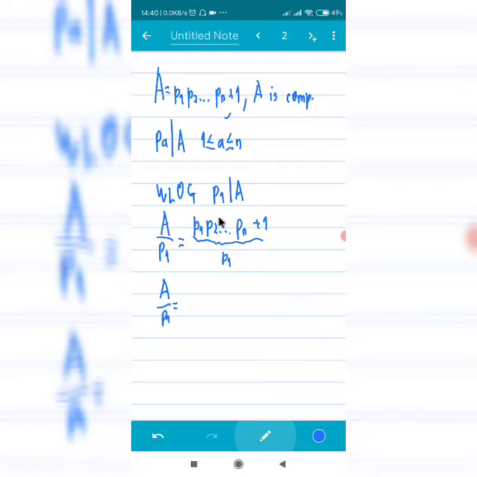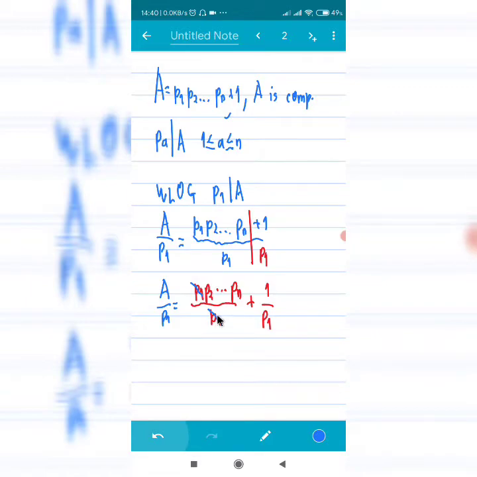What I'm going to do in this step is separate the fraction into two parts: the product of all the primes over the first prime P1, plus 1 over P1.